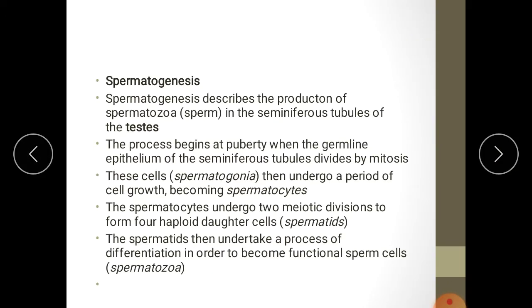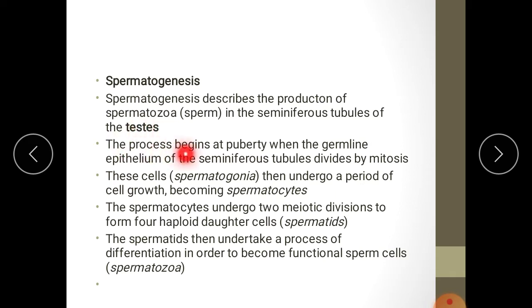Let us discuss the first process, spermatogenesis. As I told you, spermatogenesis takes place only in males. Male gonads are responsible for the production of sperms. Male gonads are testes. Spermatogenesis describes the production of spermatozoa in the seminiferous tubules of the testis.